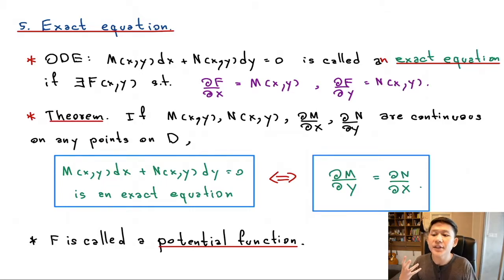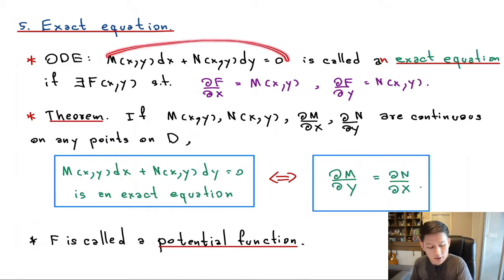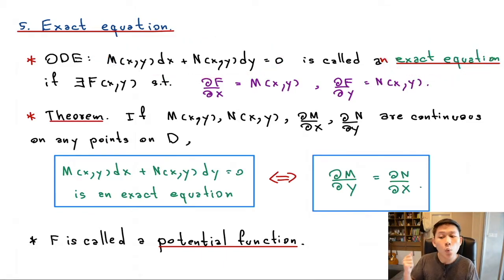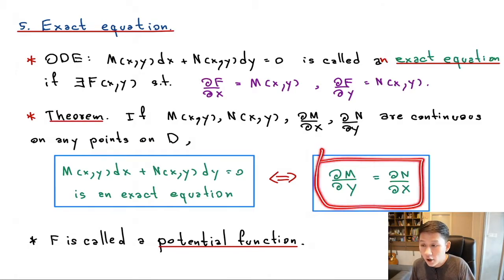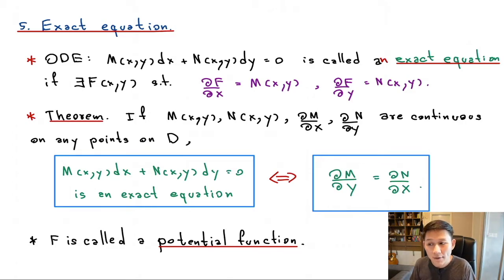Okay. So instead of trying to find a function f so that df by dx is M and df by dy is N, and then concluding that this ODE is an exact equation, what you can do is just check whether or not dM by dy equals dN by dx, and if they are equal, you have that the equation is an exact equation.